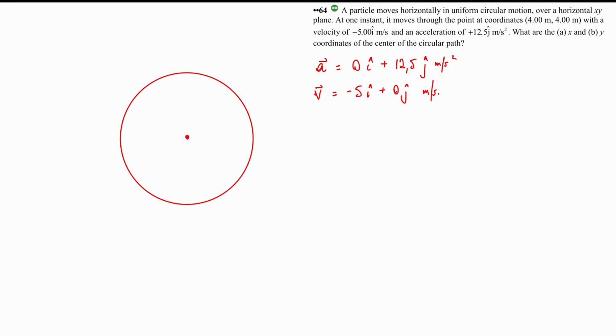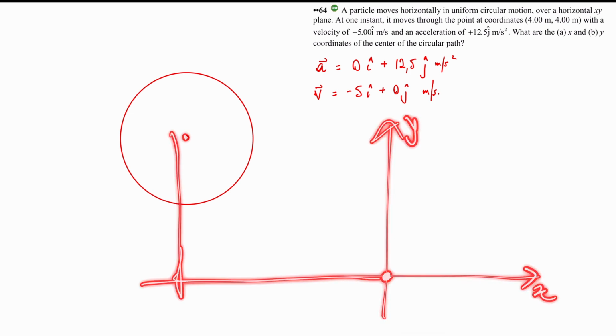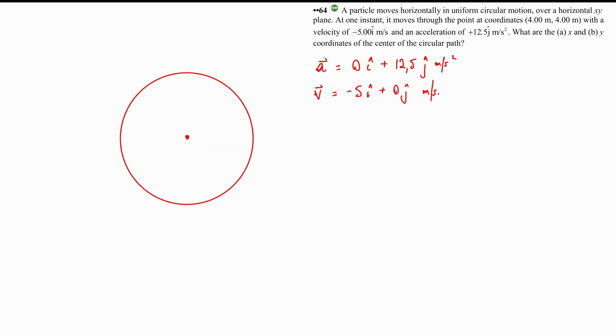For instance, we could have a coordinate system that lives somewhere here, just for argument's sake. This point would be 0, 0, but that one would not be 0, 0. We would read off different x and y coordinates. This is the situation in this problem, and we've got to use uniform circular motion to figure out the coordinates of this center.